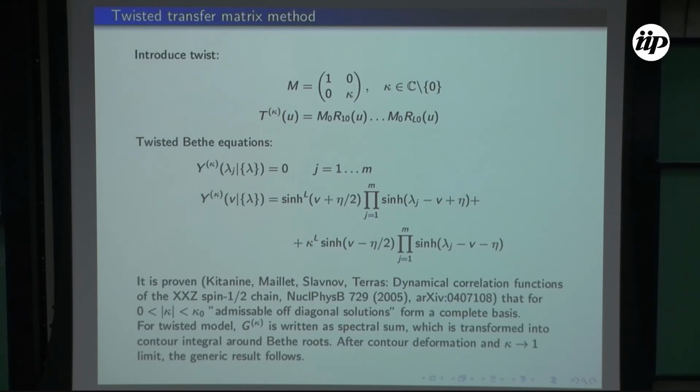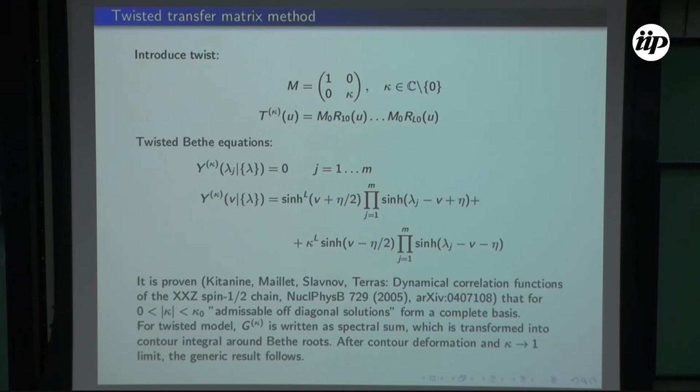And the idea is that in this paper, for twisted models, they proved that a certain set of solutions, the so-called admissible off-diagonal solutions, form a complete system.